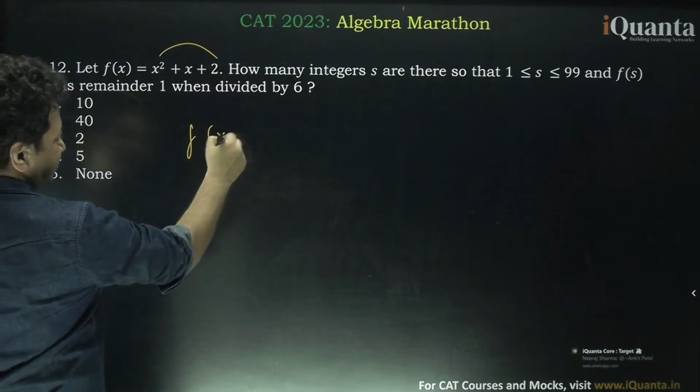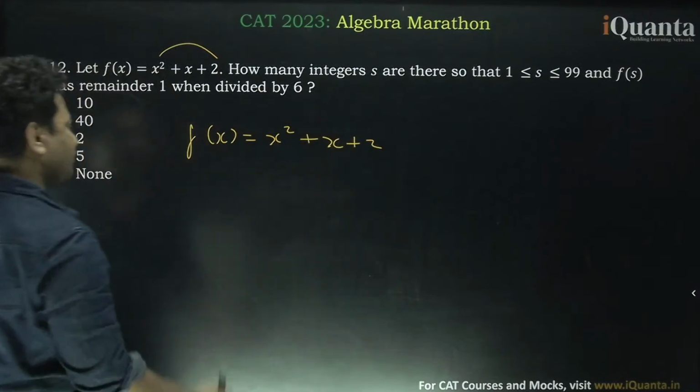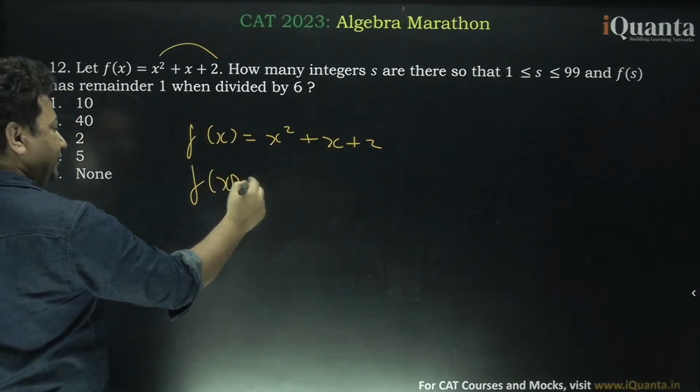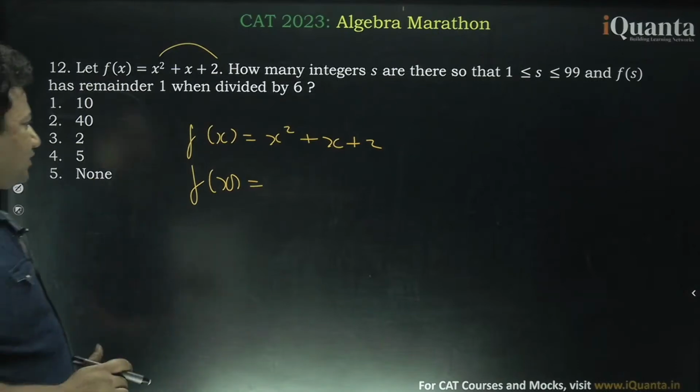We have f(x) is equal to x square plus x plus 2. Very interesting question. A lot of you might be confused about what to do here. How many of you are applying many things from quadratic functions, finding roots, making a graph, hoping something will come out? But it is not like that.